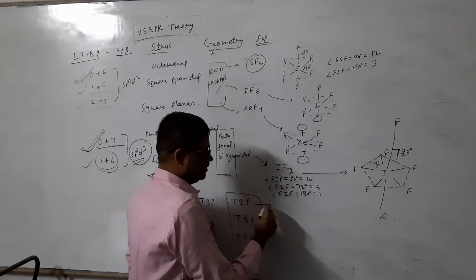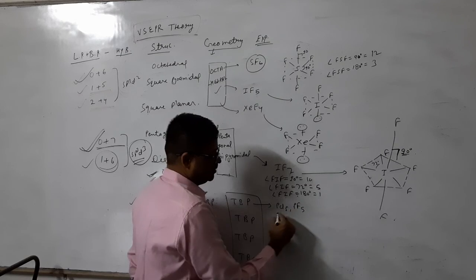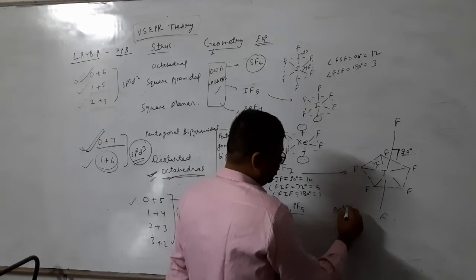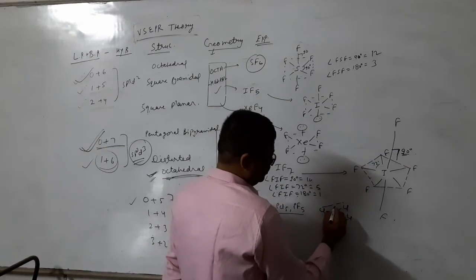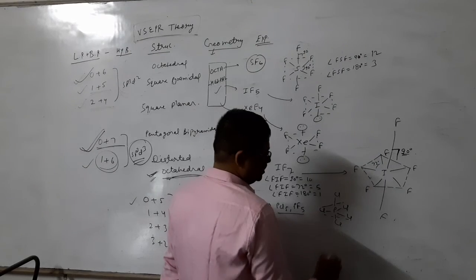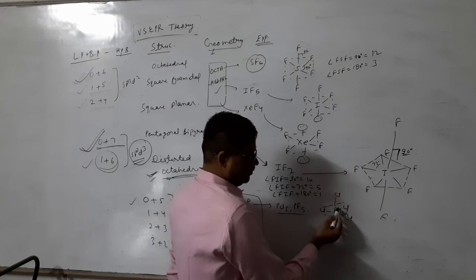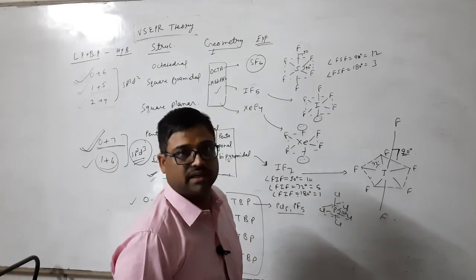Now I am taking an example of this. PCl5 and PF5 can be taken, and if I take the structure of PCl5, I can draw it like this, and you can see this angle is 120 degrees, 120, 120. So three 120 degree angles are there.